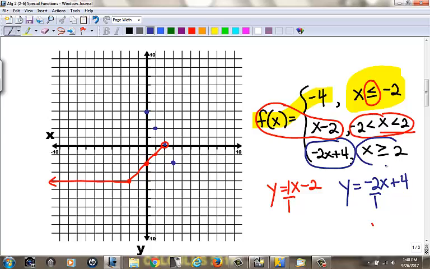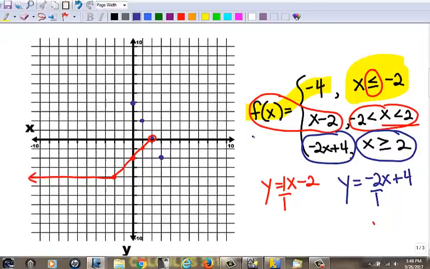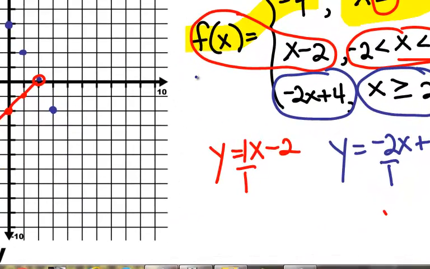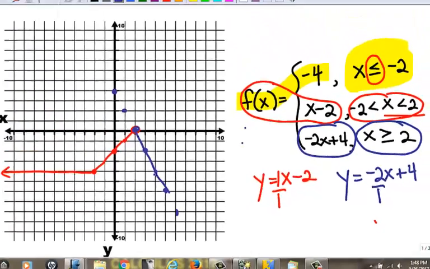But it's only true for x greater than or equal to 2. So greater than or equal to 2 would be this x value, and greater than. So that's the only part I need. Okay? So that fills that hole in, and then, oh, sorry, that should be right there.